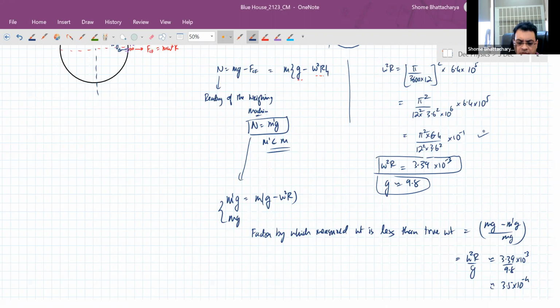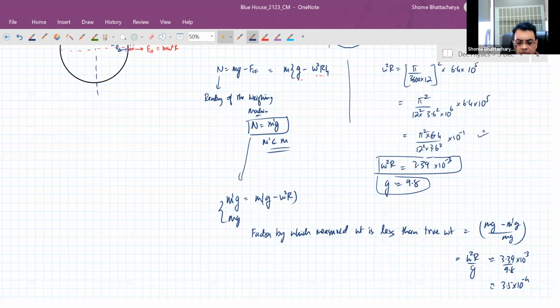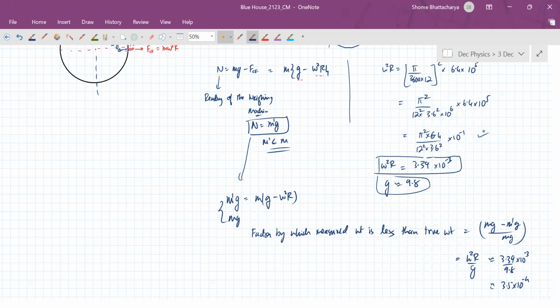Pi square, 0.4 divided by 144 divided by, sir, 3.6 square. It's giving us about 3.39 or 38 into 10 raised power minus 2.